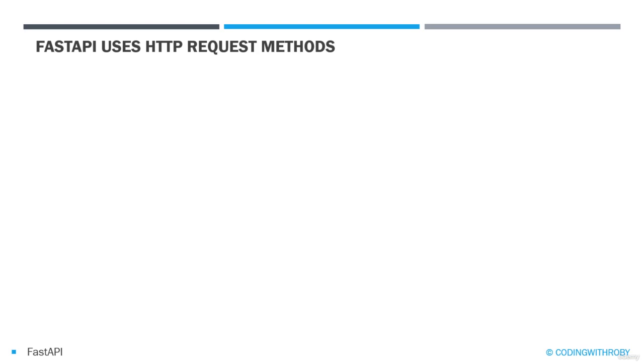FastAPI excels at quickly creating RESTful APIs. REST APIs use the same request methods as HTTP. It tells the server what the incoming request wants to do.